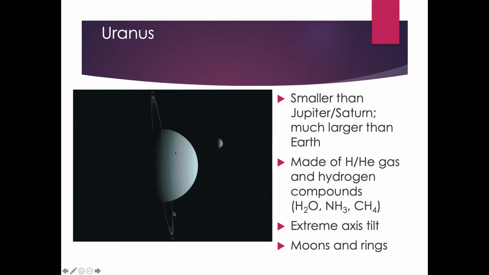You can sort of see the axis of rotation because of the rings, so it's rotating sort of this way, which means that my mouse here is probably pointing along the rotational axis. It's very, very tilted, which means that there are extreme seasons, extremely hot summers and cold winters by comparison to a planet that is less tilted.